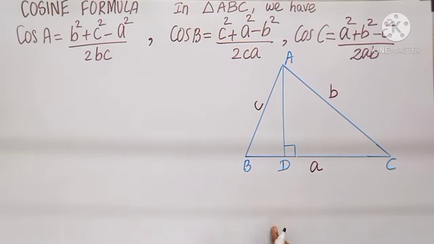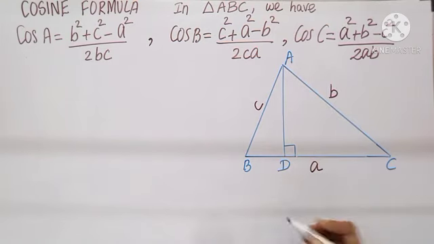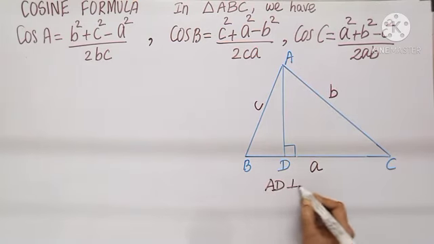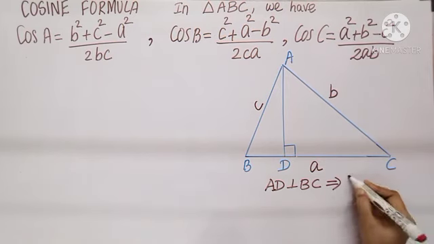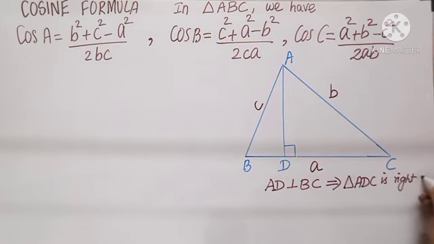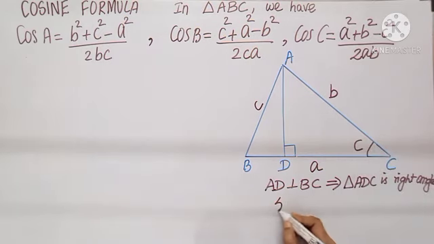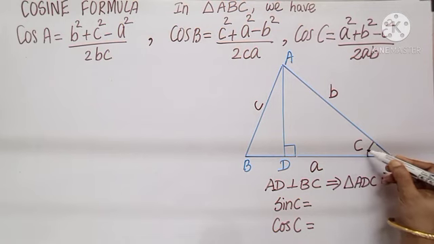Let us see how we derive this formula. Consider the triangle ABC. I dropped AD perpendicular to BC. Triangle ADC is right angled. So from it I can write sin C and cos C, where the angle here is C. From this triangle, what is sin C?